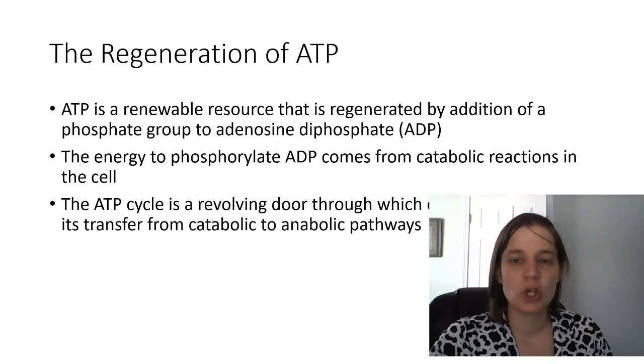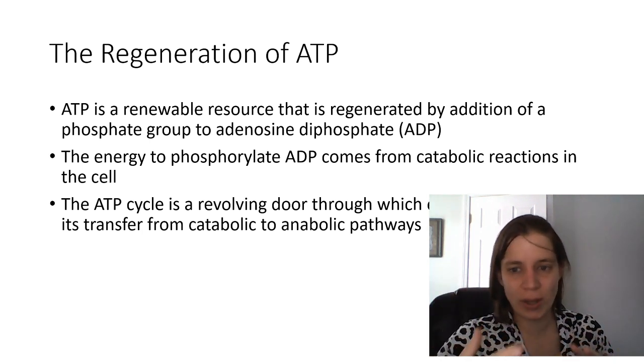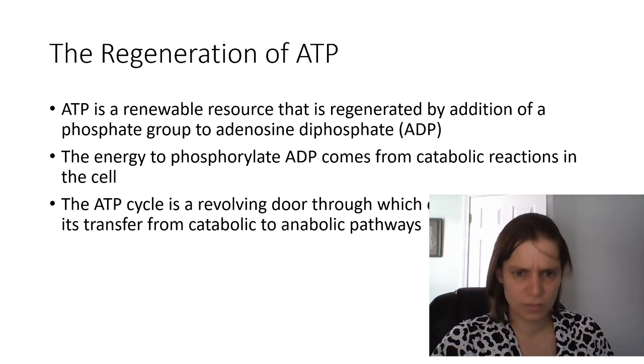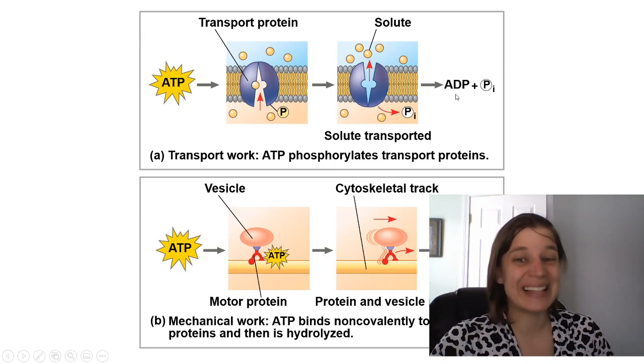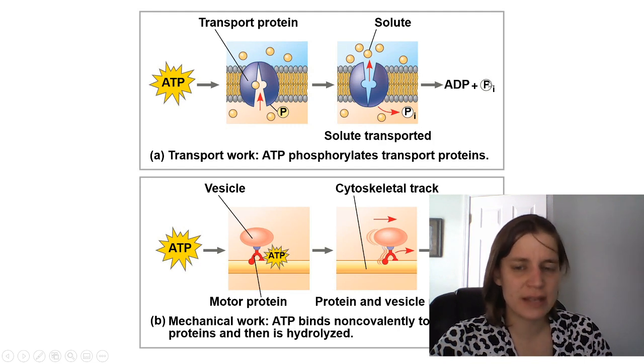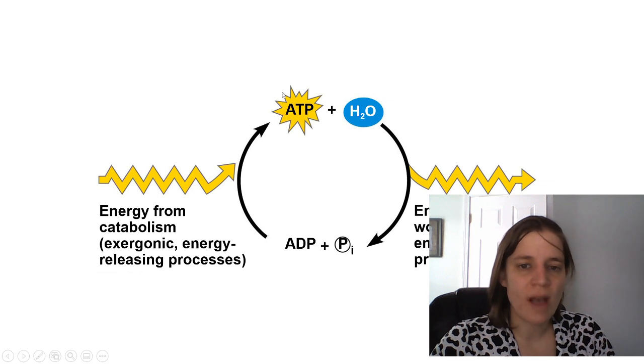Okay, so that's the main points of the idea so far, but we've got a little bit more. So ATP, we've seen it goes from ATP to ADP and inorganic phosphate. That happens a lot. It happens in this pattern. So we have ATP.